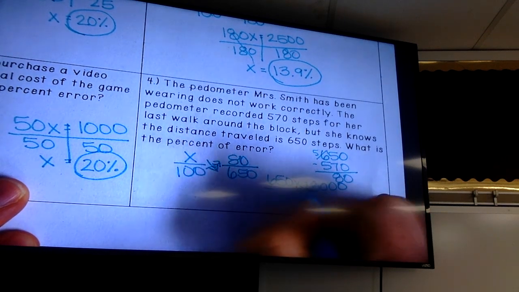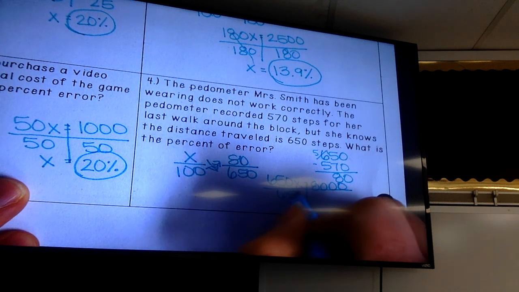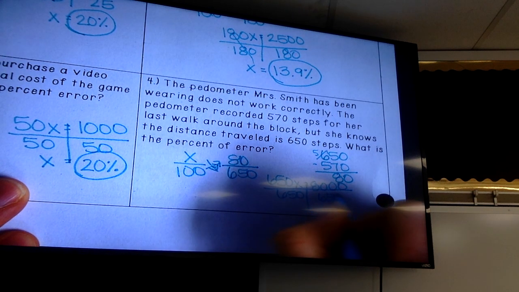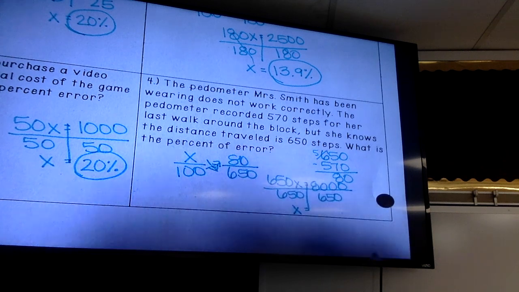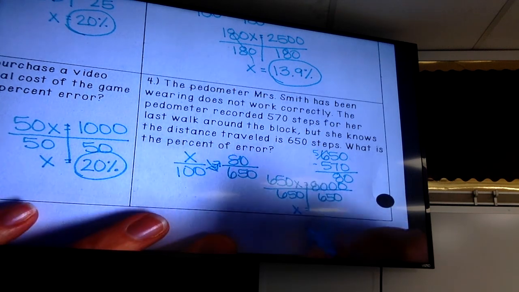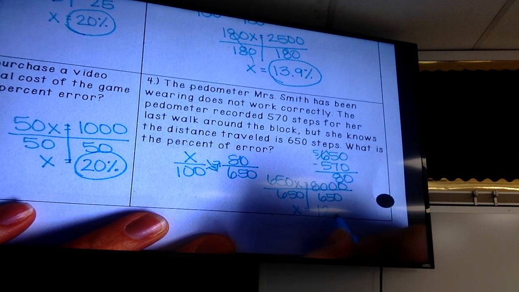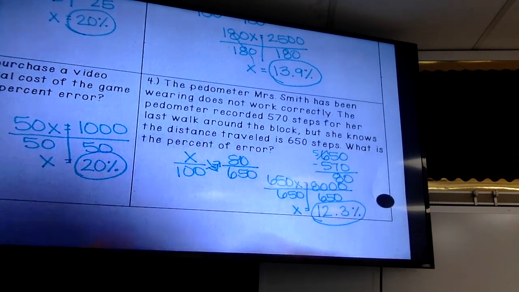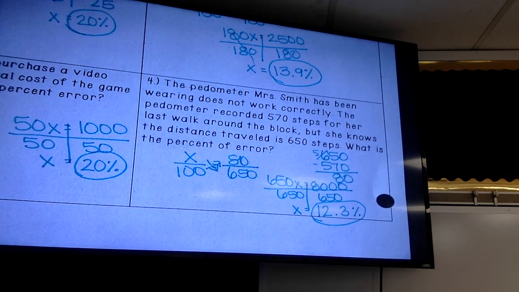I need to get that 650 away from the x, so I'm going to divide by 650. And when I do that, 8,000 divided by 650, I get x equals, and we're going to round to the 10th spot again, 12.3%. Her pedometer is miscalculating her steps by 12.3%, and that's percent of error.